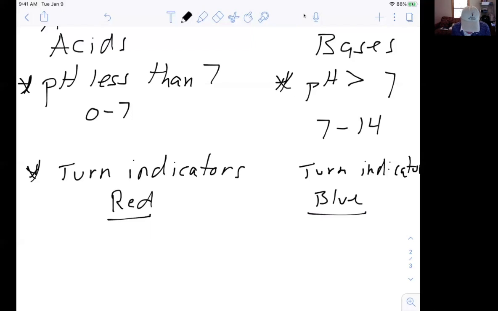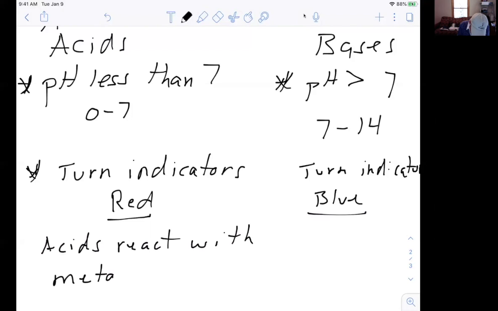There are lots of other general properties, but these are some of the basics. I do have one more. I'll tell you about acids. Acids react with metals to produce hydrogen gas.